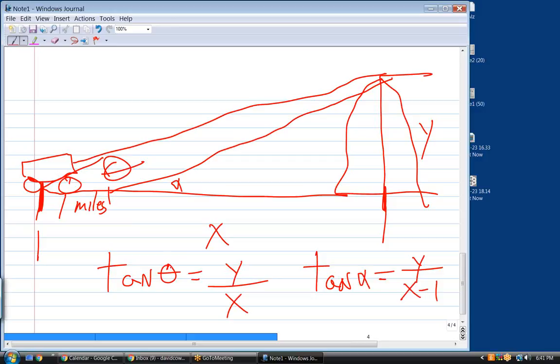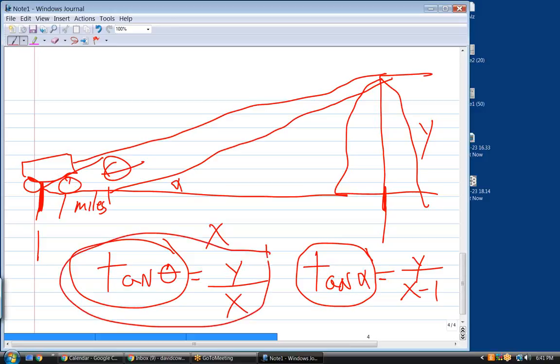Now, assuming we know theta, that's a number, and assuming we know alpha, that's a number. We have 2 equations and 2 variables, so you can solve for both x and y. You know from algebra that as long as you have the same number of variables as equations, you can solve it. If I only had one equation, I wouldn't get very far.